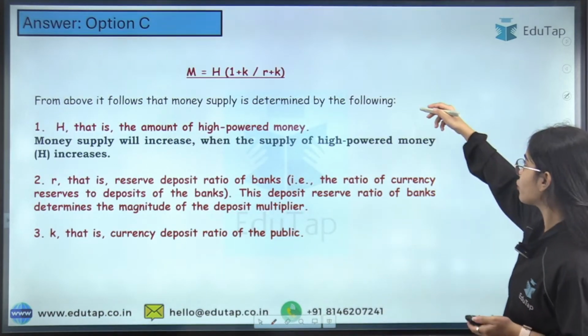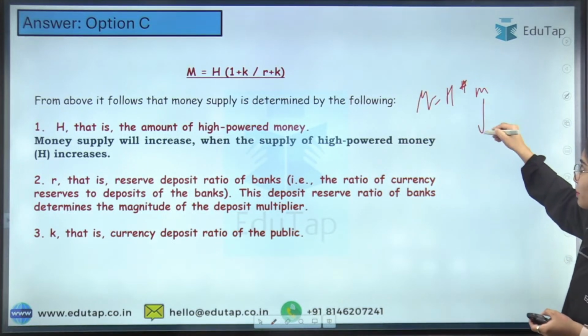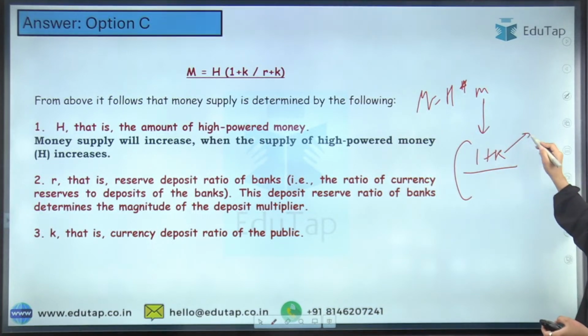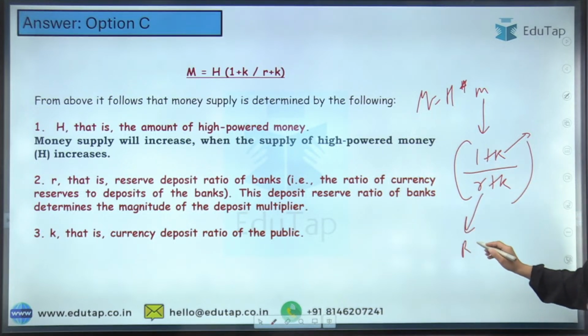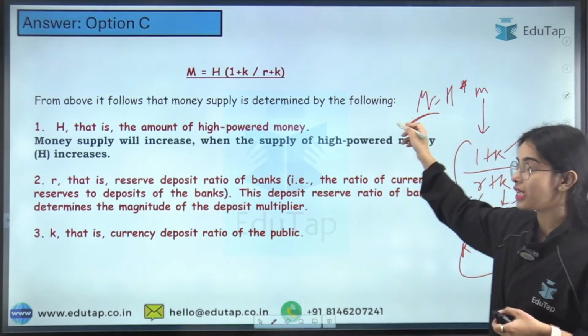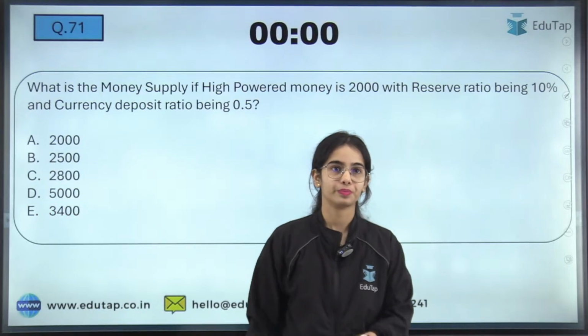The formula of money supply is high powered money multiplied by the money multiplier. Money multiplier is (1 + K) upon (R + K), where R is the reserve ratio and K is the currency deposit ratio.